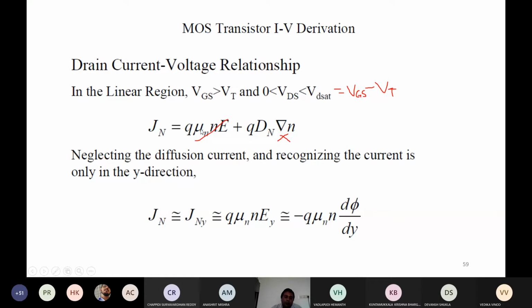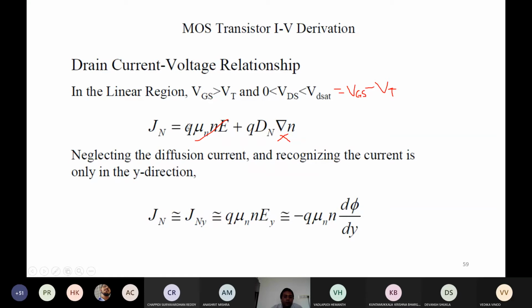Also we have taken the average, so that value should be taken as mu n. There is also the possibility of a diffusion current if some minority charge carriers are diffusing. But generally in this case we are neglecting any diffusion, since diffusion current comes from minority charge carriers and can be neglected.